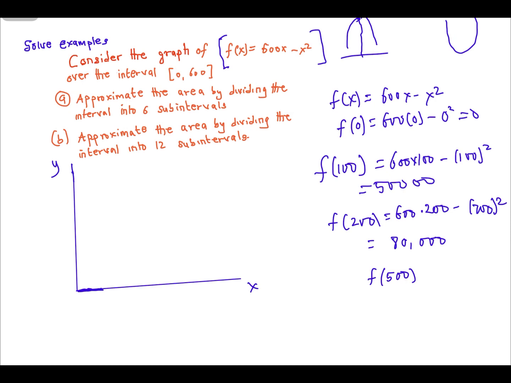That is 100, 200, 300, 400, 500 here. f of 500 is 600 times 500 minus 500 squared, and at the end of the day we are going to get 50,000 as well.